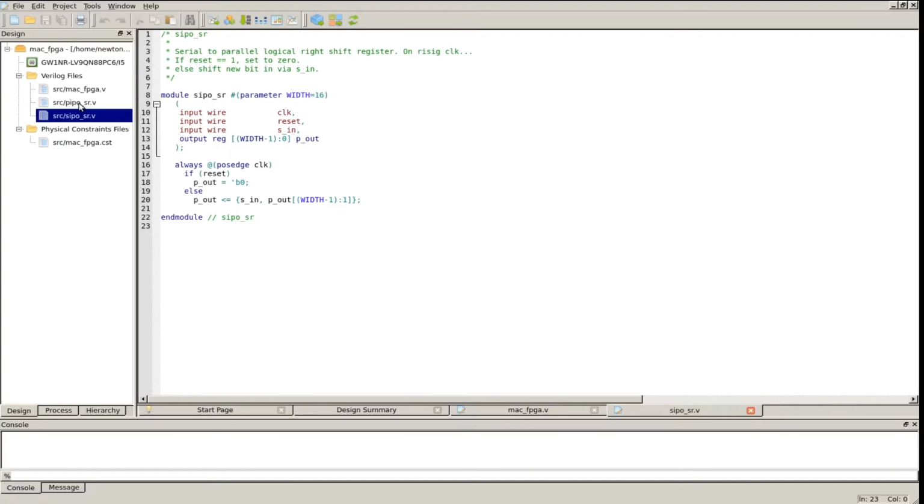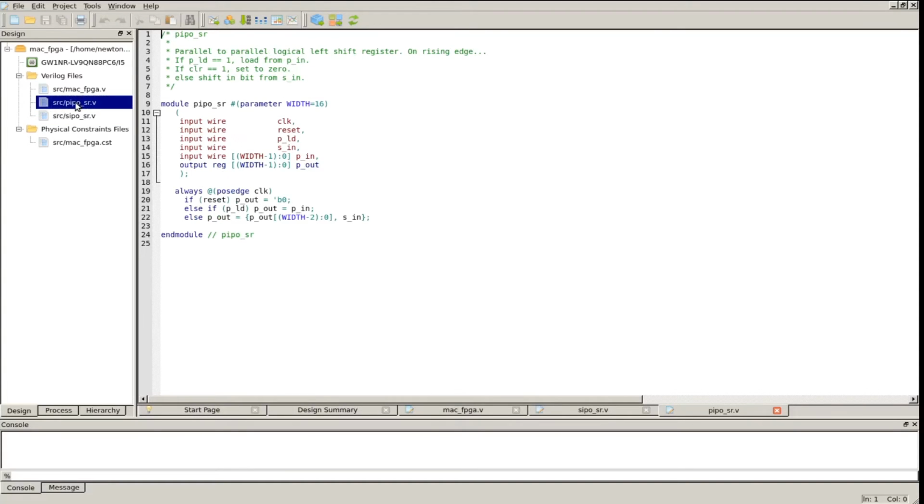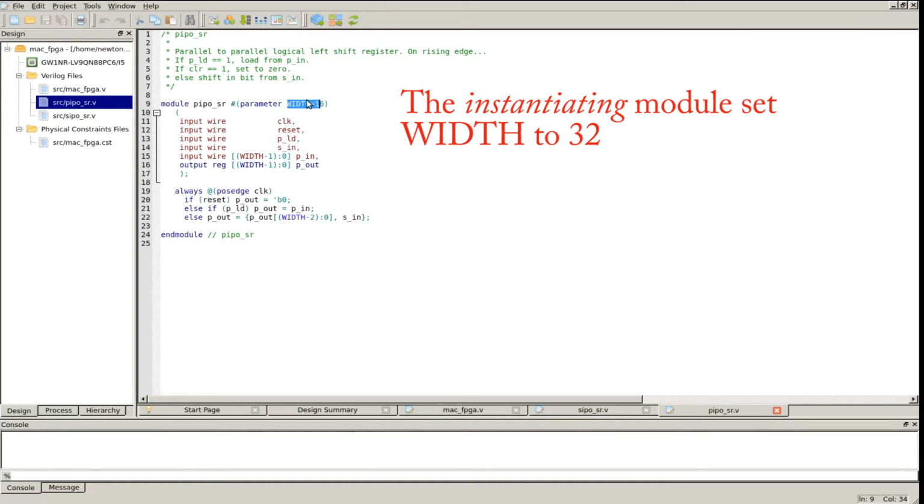Now let's switch to the parallel in, parallel out shift register. And you can see that it's kind of similar. Once again, this output reg statement here is what causes the D flip-flops to be synthesized, and they hold the value of this shift register, which by the way is shifting to the left. And this one is actually synthesized to be 32 bits wide, because that's what the synthesizing module that we looked at first did.